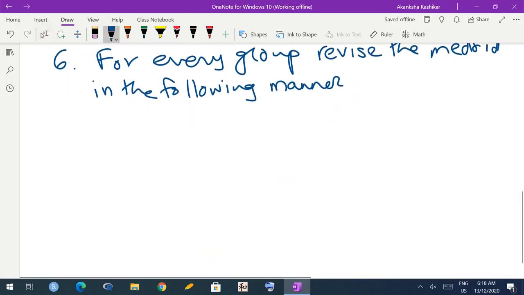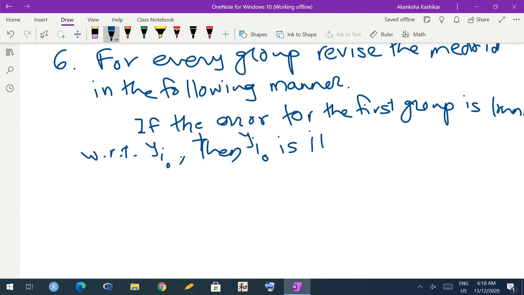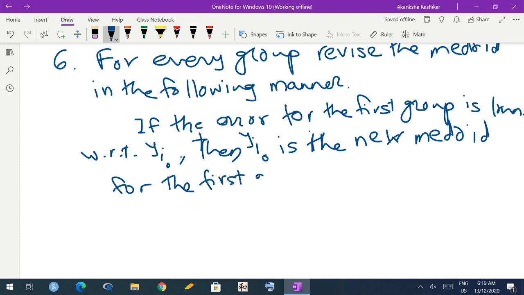If the error for the first group is lowest with respect to, say, yi0, then yi0 is the new medoid for the first group, and of course we have to do it for all k groups.